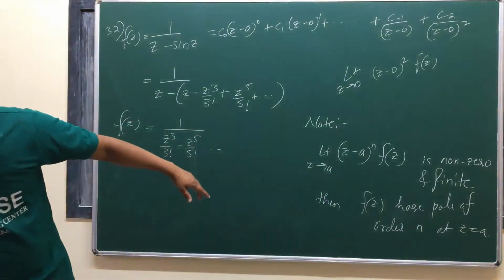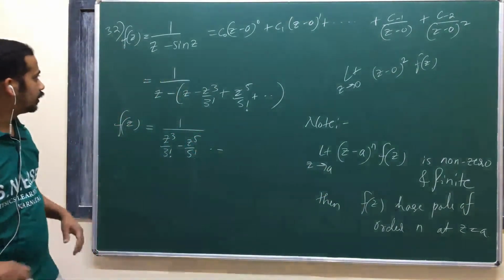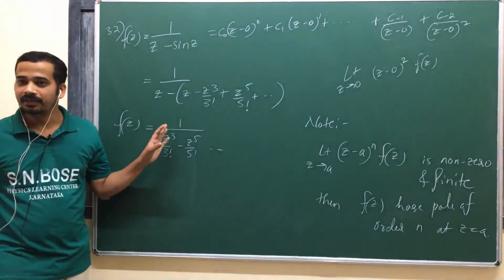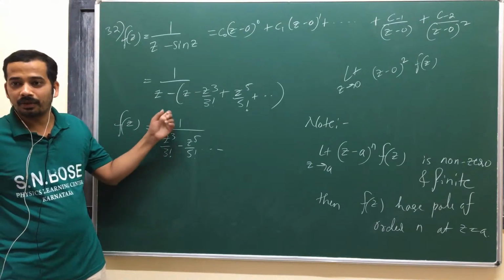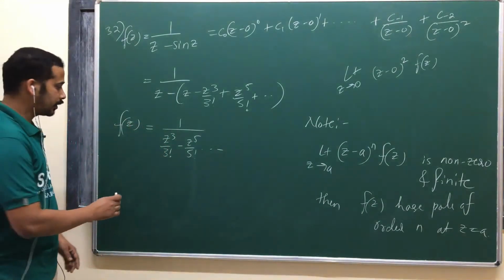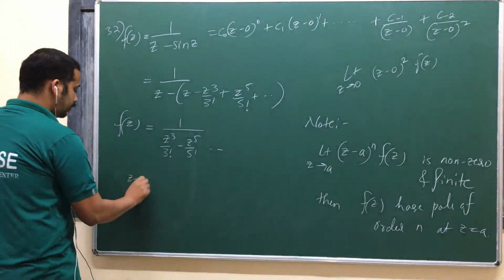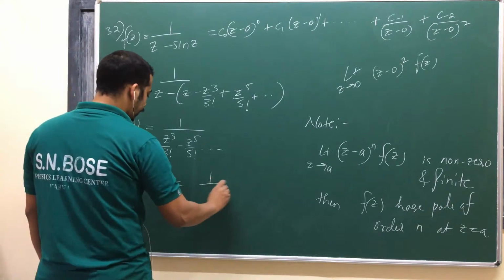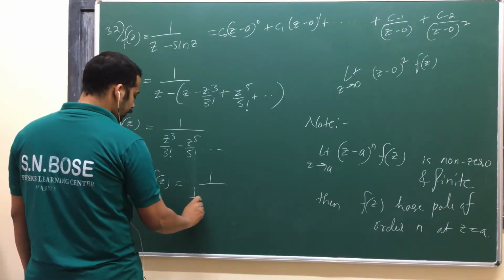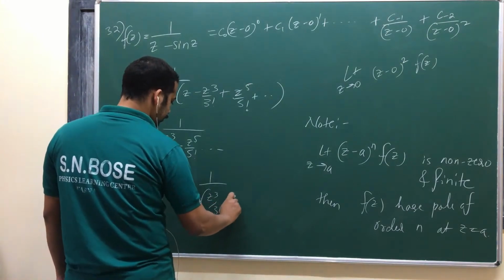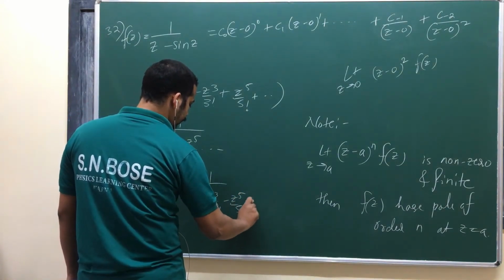And try to apply it here. Now you can predict the order of the pole, isn't it? If you multiply by z cube, or (z minus 0) whole cube, into f of z, what is this? 1 by z cube multiplied with z cube by 3 factorial minus z raised to 5 by 5 factorial plus and so on.